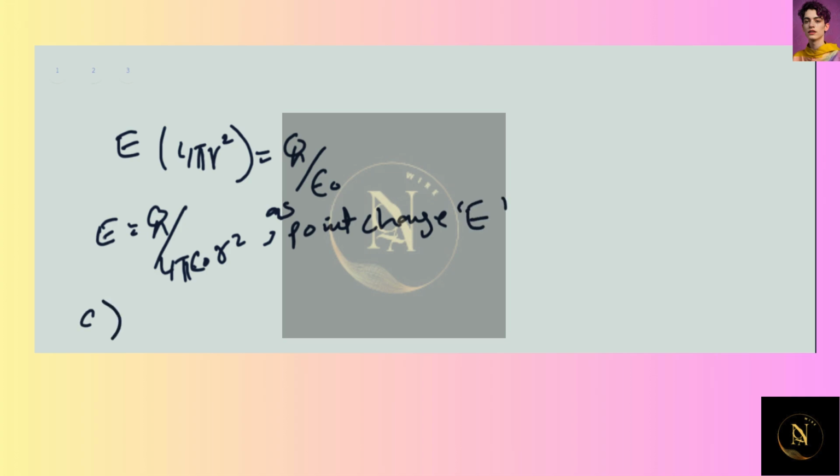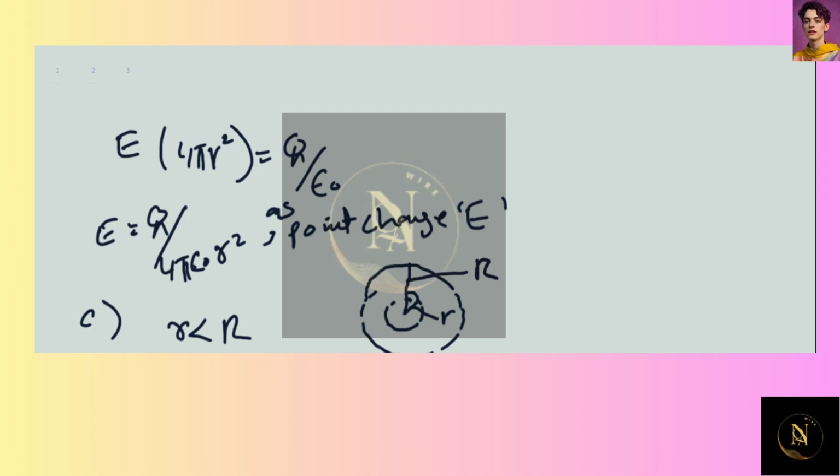Part C, we apply Gauss's law to the spherical surface of radius r, where r is less than R. So here is the small r, and here is the capital R from here to here.